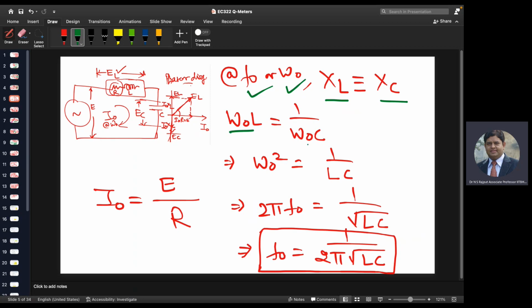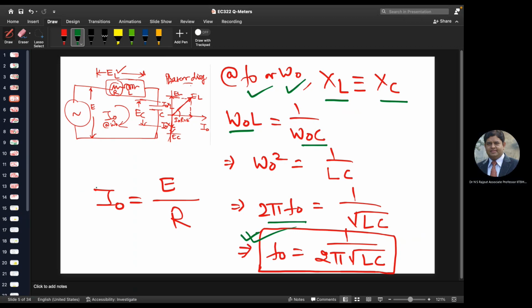So omega naught L is equal to 1 by omega naught C. I can write omega naught square is 1 by LC, and therefore 2 pi f naught is equal to 1 by square root of LC, and therefore f naught is 1 by 2 pi square root LC. So this is the resonant frequency of this typical RLC circuit.